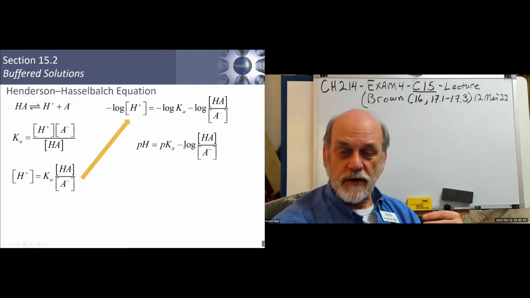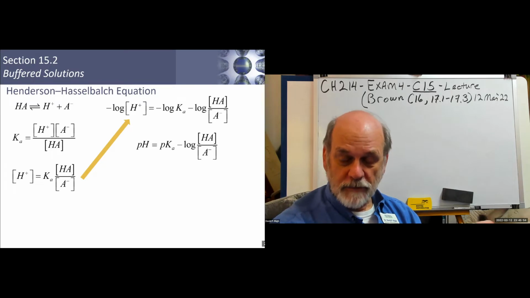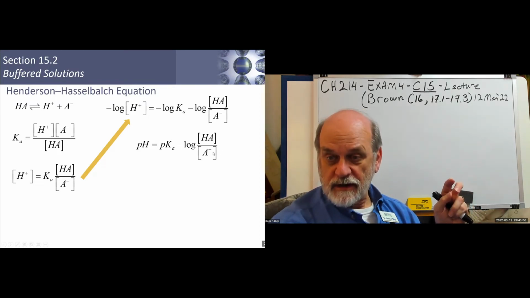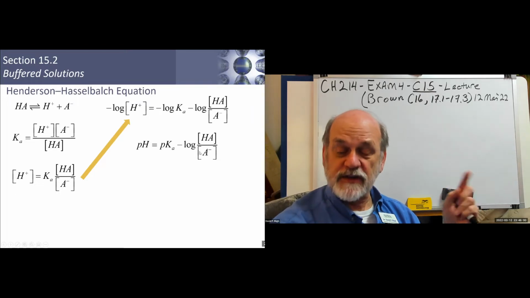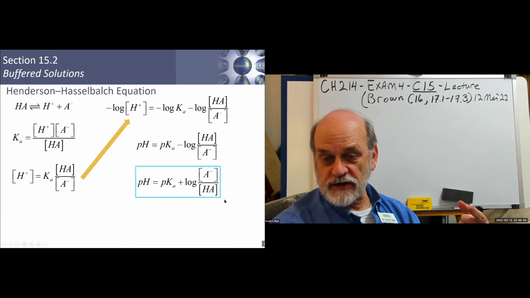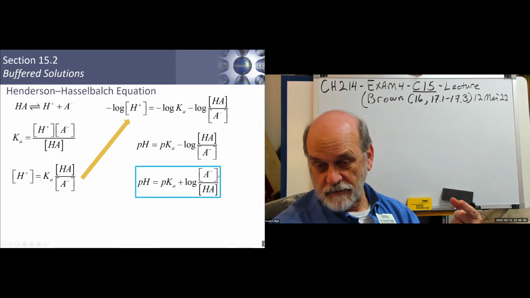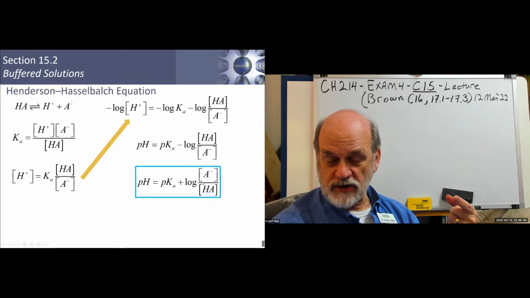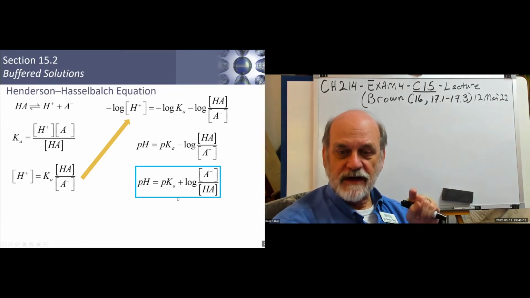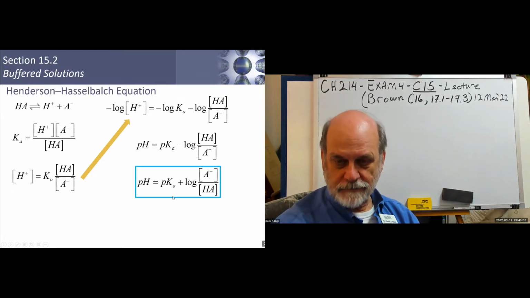So he used another log rule, which says the negative log of this quotient is equal to the positive log of the inverse of that quotient. That's the transition made from here to here. You just invert that relationship, and now the sign in front of the log becomes positive. And this is the Henderson-Hasselbalch equation.